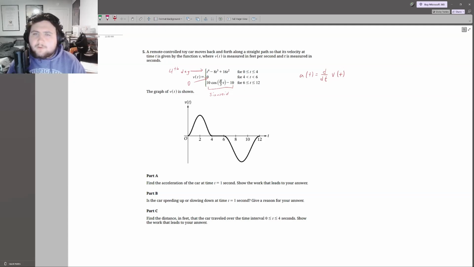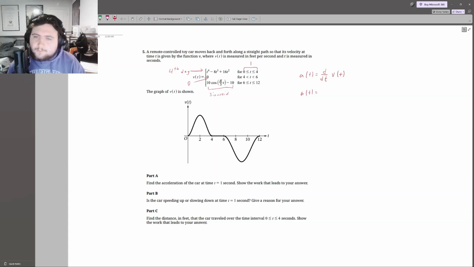So, we know how to find our acceleration, but now we need to know which piece of our piecewise function to pick. We have three pieces here. So we know that we're supposed to find the acceleration at t equals 1 second. So what we can do is we can say, oh, well, I see right here that this is 0 to 4, and 1 falls in there. So we're going to use that first section, the fourth degree polynomial, when working to find our acceleration.